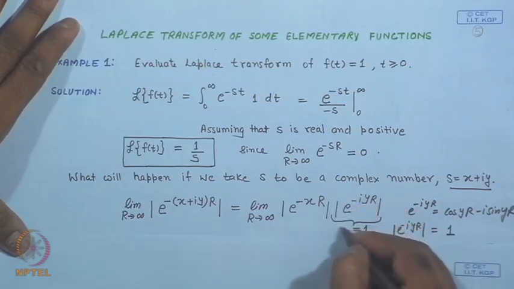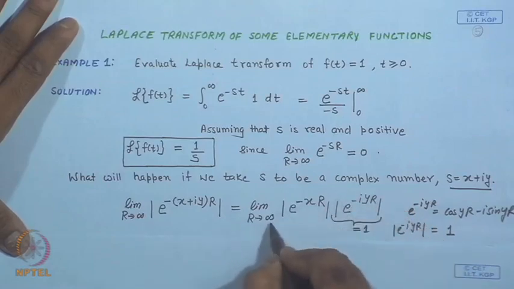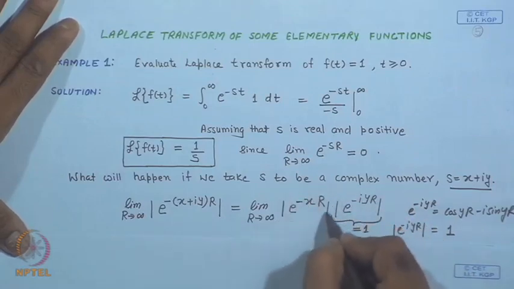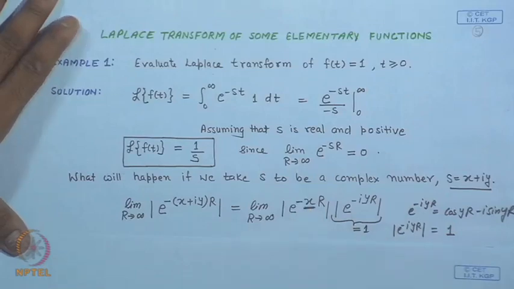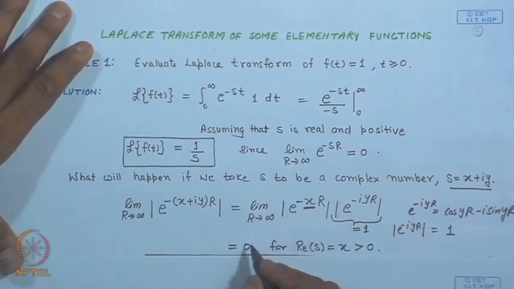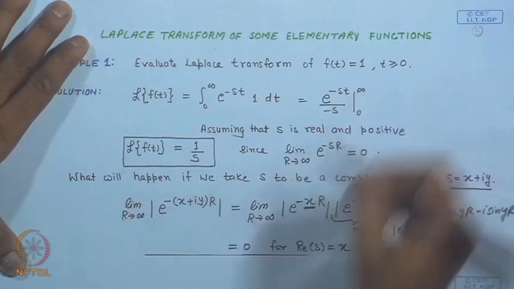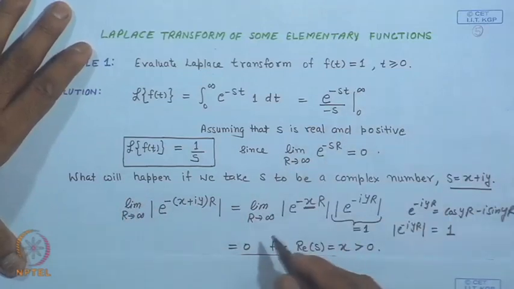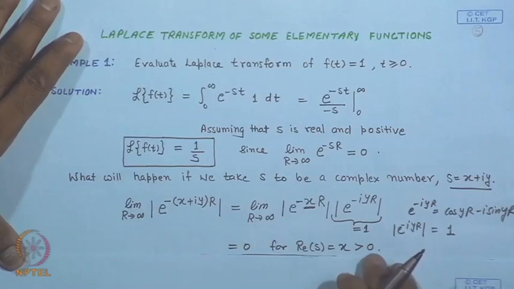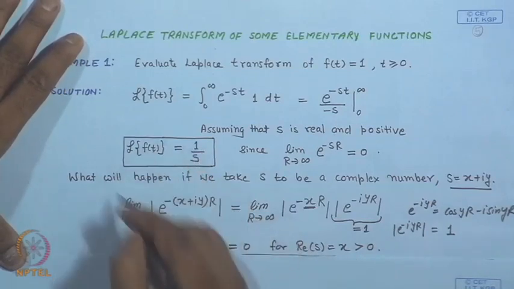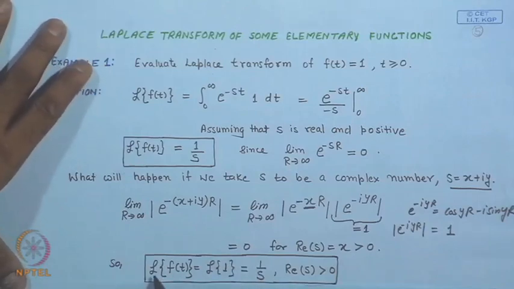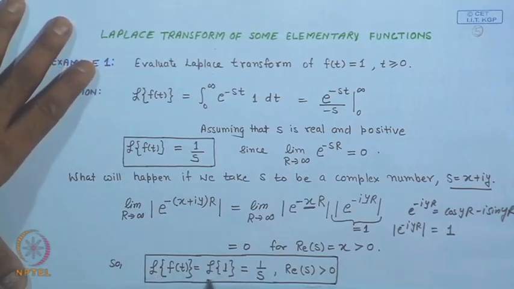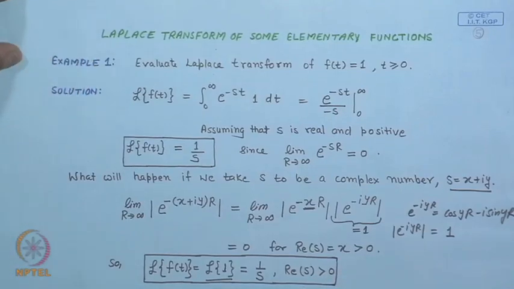So, this term is 1, and as r tends to infinity, this will again go to 0 if x is positive. So, we have the condition that the upper limit term is 0 for real s positive. Finally, for the general case, we have the result that the Laplace transform of 1 is 1 over s for real s greater than 0.